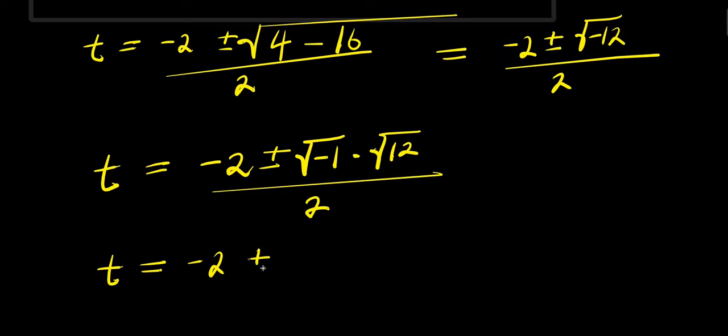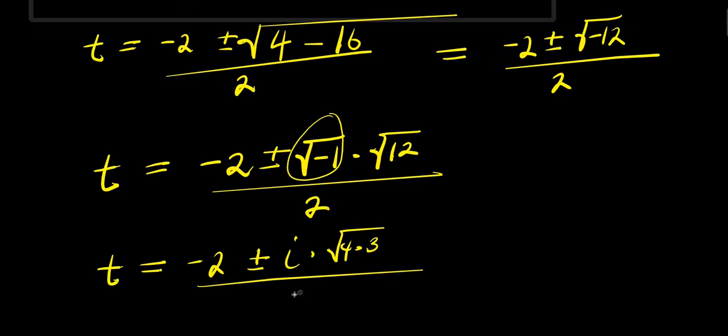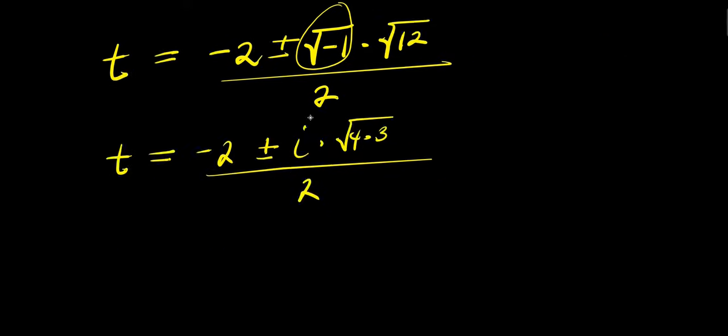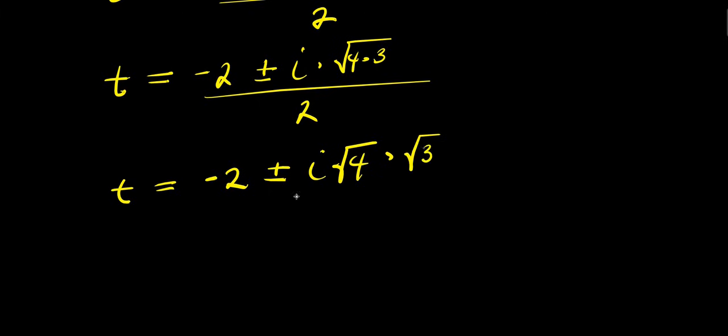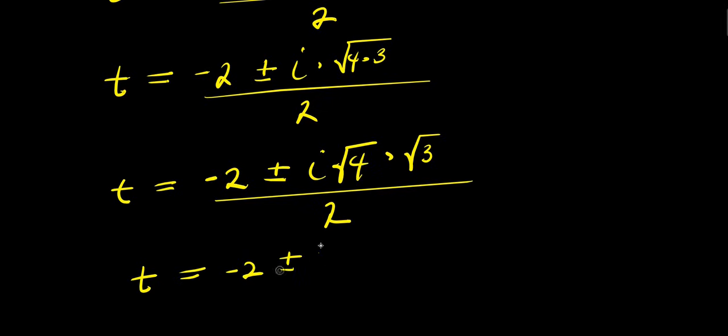T equals negative 2 plus or minus, this is i times square root of 12, this is 4 times 3, divided by 2. So from here you have t equals negative 2 plus or minus i times square root of 4 times square root of 3 divided by 2. From here t equals negative 2 plus or minus i times 2 times root 3 divided by 2.